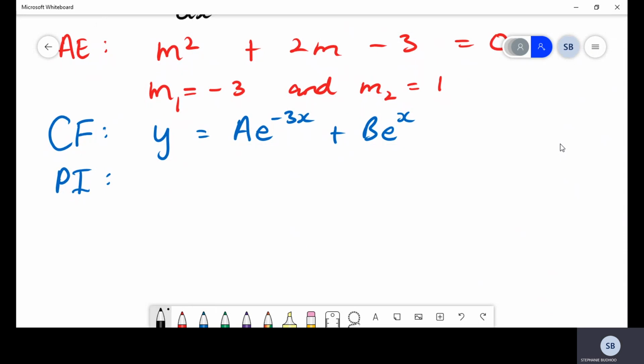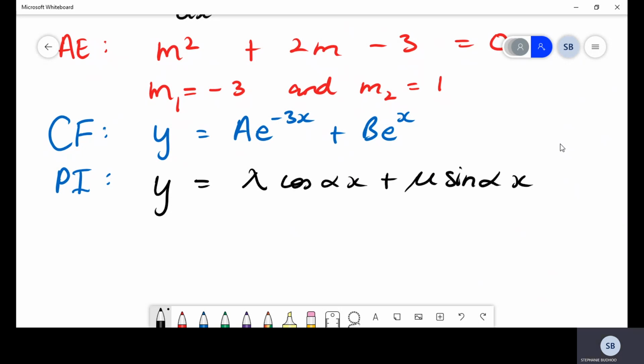The format our particular integral will take looks as follows: y is equal to lambda cos of, let's call it alpha x, plus mu sine of alpha x.